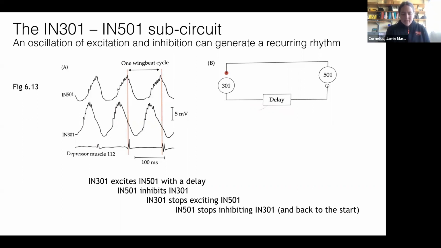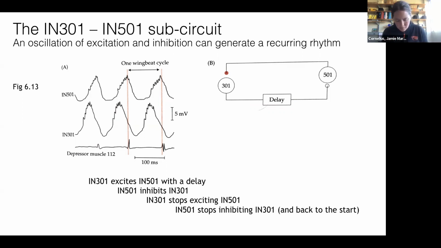Okay, so what we see is that interneuron 301 excites interneuron 501, but with a delay. The delay is not theoretically important, but what it's important for is creating a wing beat at the rate that you want it to be, at that kind of 20 kilohertz.